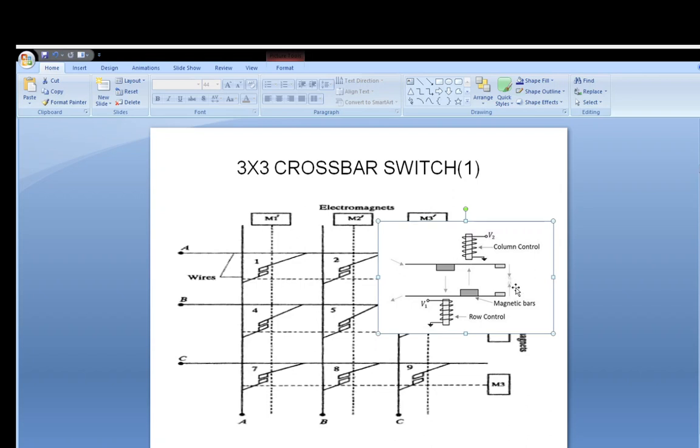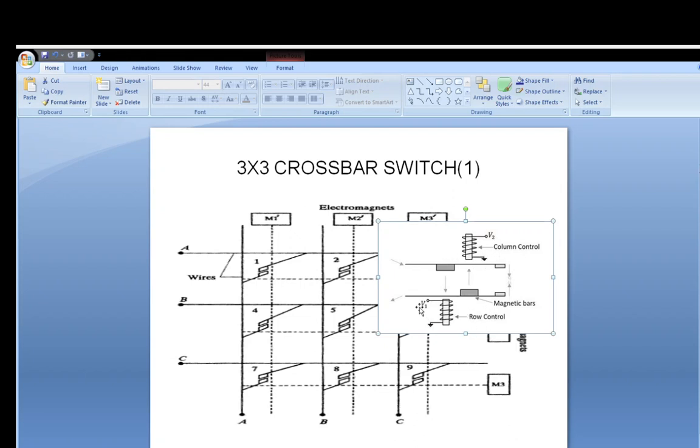The mechanism of the switch can be understood with the help of this figure. In this we can see this is part of the switch that is to be connected, and these are electromagnets associated with that.